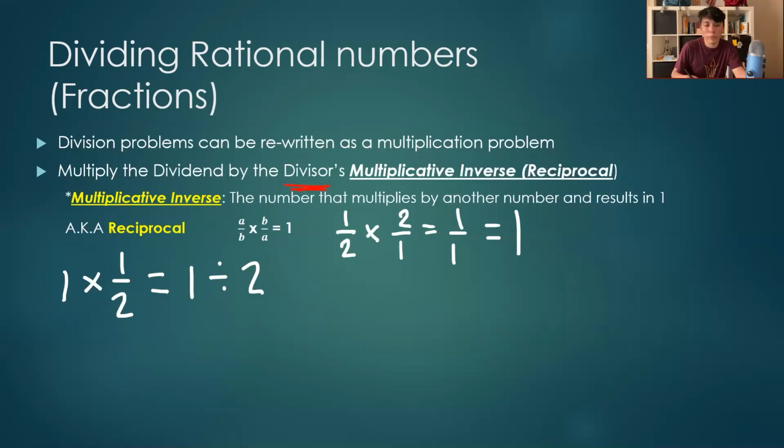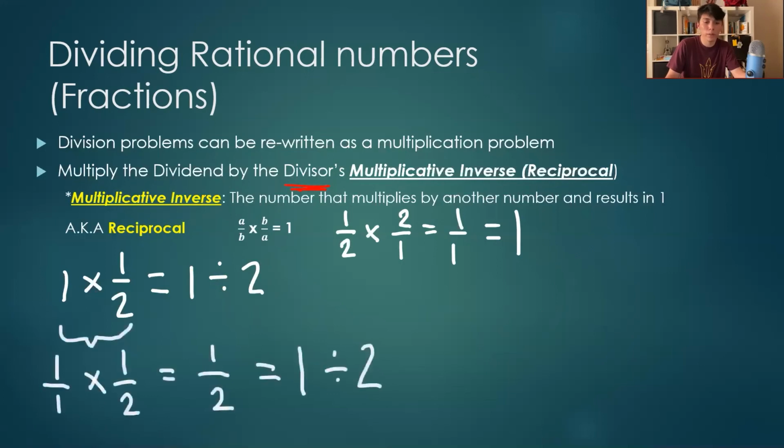So right now I'm just going to try to prove that 1 times half does in fact equal 1 divided by 2. So let me multiply 1 times half, and we have to make that into a fraction. So I can multiply across. 1 times 1 is 1. 1 times 2 is 2. So I get a half, and fractions are division problems, so you can read this as 1 divided by 2.